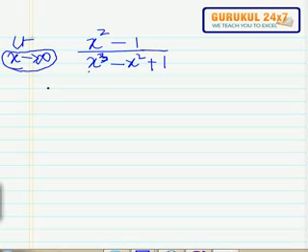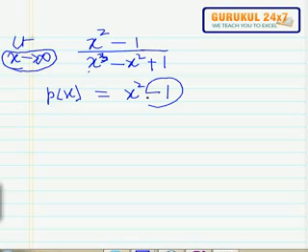The numerator, I'm calling it p of x, is given to be x squared minus 1. Now if x is very, very large, or x approaches infinity, it doesn't matter if we add or subtract 1 to it. It may be a constant value, but it does not matter, because x squared is going to be so large it will not affect it.